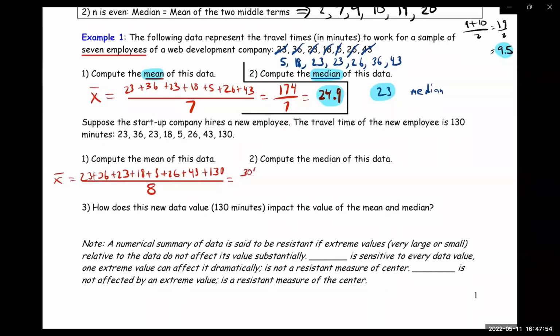And I'm getting 304 divided by 8, which is 38 minutes. So that's the mean travel time for the employees.